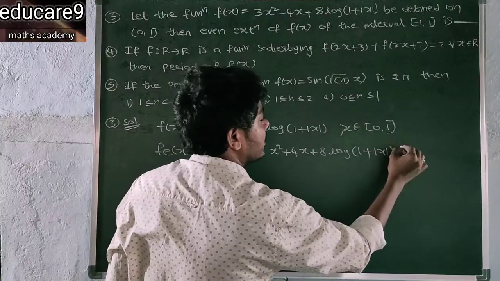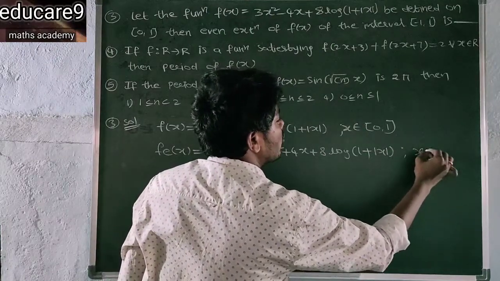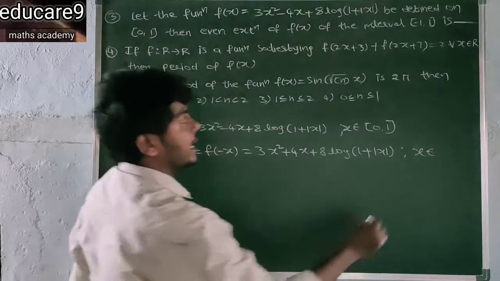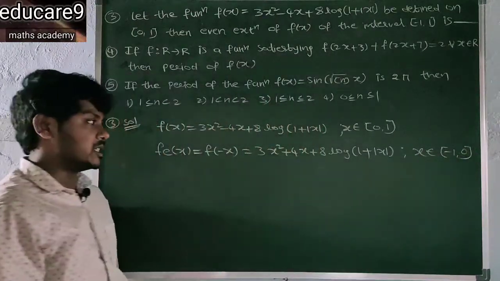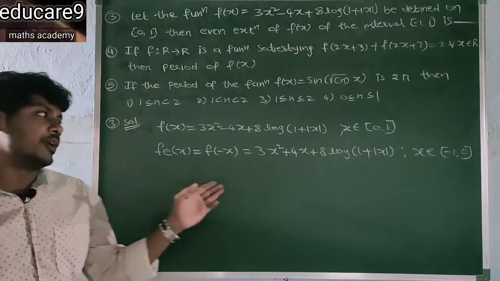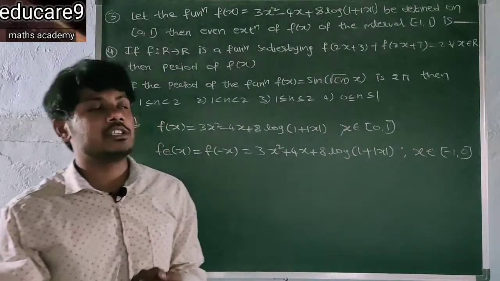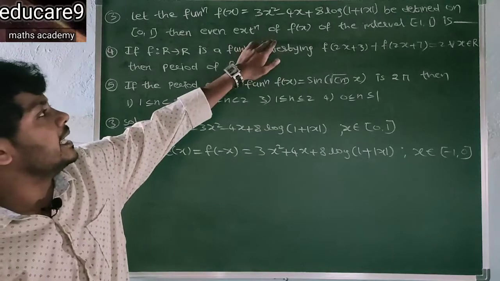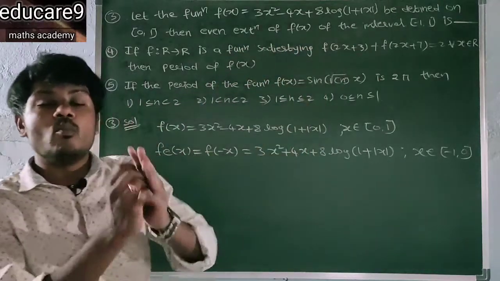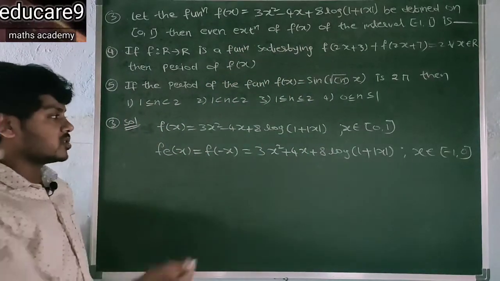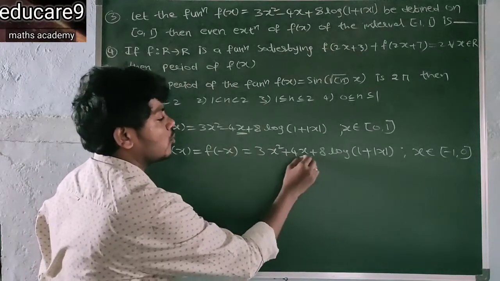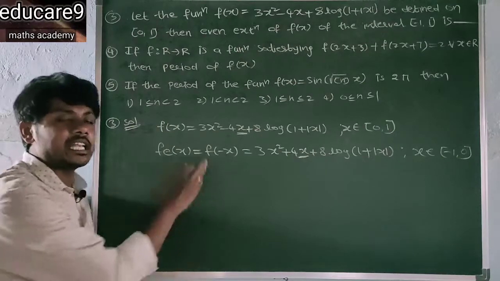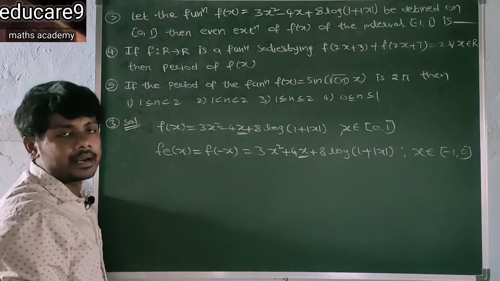Here x belongs to minus 1, 0. So this is the even extension over the interval minus 1, 0. But here you want to find the even extension in the interval minus 1, 1. So that is clearly here negative of x, here positive of x. So this can be written as mod x.